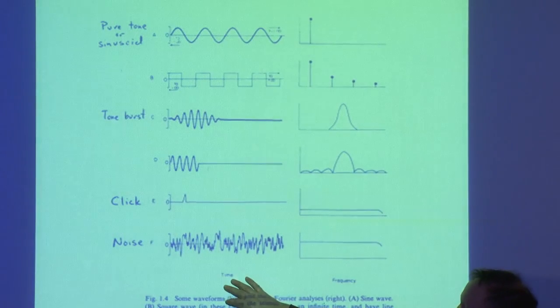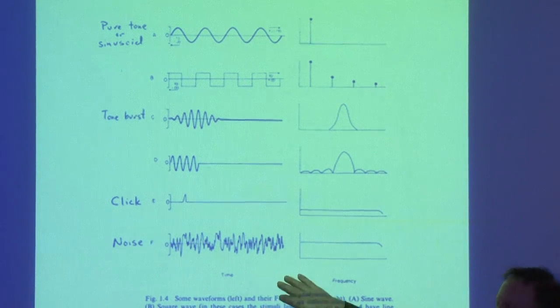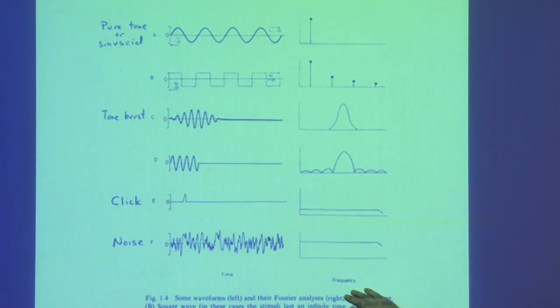Auditory scientists like to look at things as a function of time, of course. They also like to look at things as a function of sound frequency. Okay? This is a graph for this same stimulus, the noise stimulus, now as a function of frequency. And we said before, the noise is broadband, it's white noise, it has all frequencies.